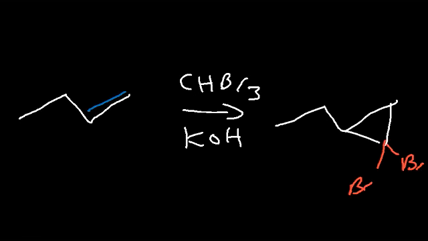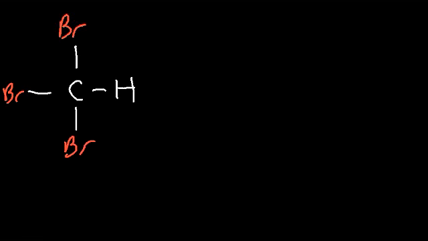Now this is a step in a mechanism of this reaction that is an alpha elimination step. CHBr3 is known as bromoform, and we're going to react it with potassium hydroxide, but we only need the hydroxide part.